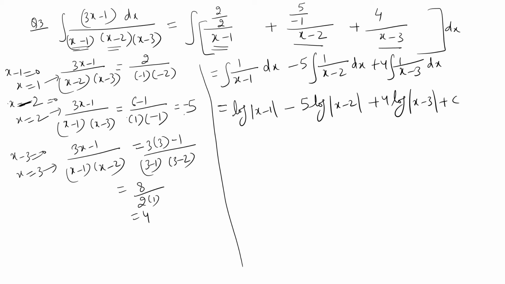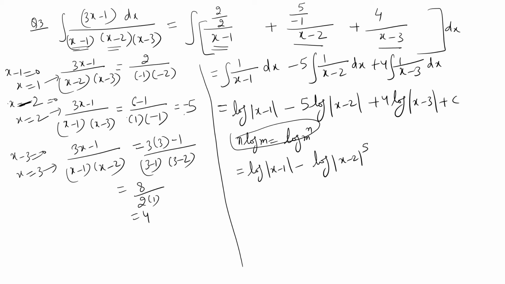Now I can just take them all together. So I can apply the property n log m is equal to log m raised to power n. So this will help me in expressing this as log (x minus 2) raised to power 5, plus log (x minus 3) raised to power 4, plus c.